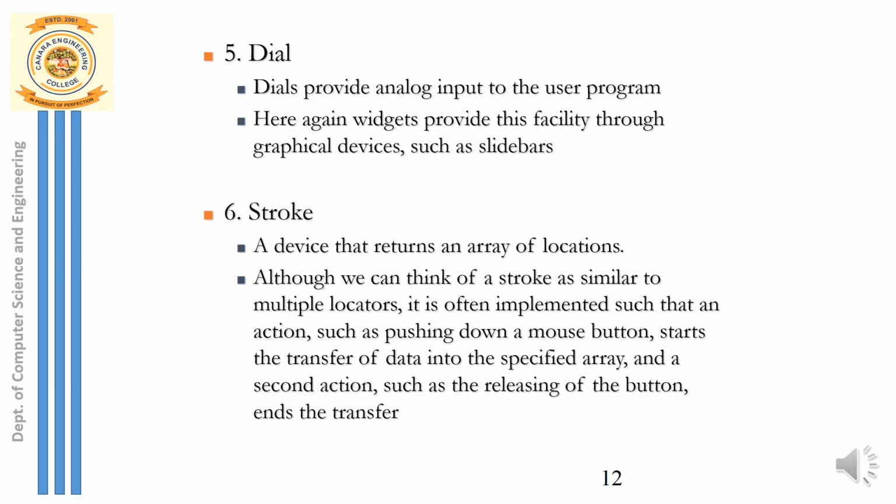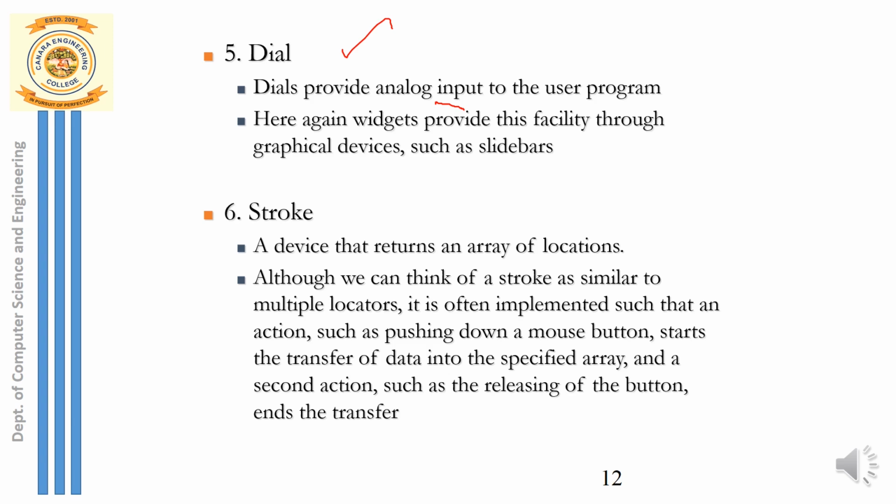We have the fifth one, that is called dial. What is a dial? It is related to calling, caller and calling. It provides the analog input. Whenever you have a dial process, it is something like you speak and you interact with the program through this dialing process.